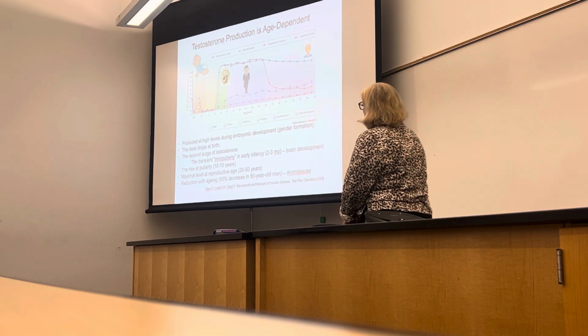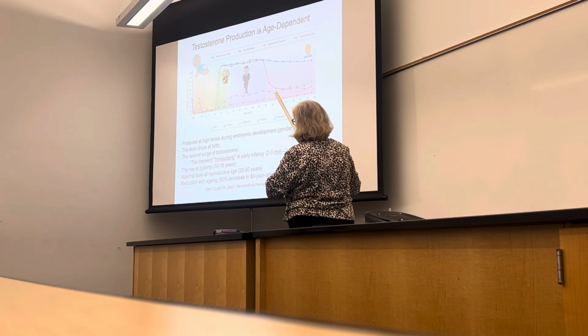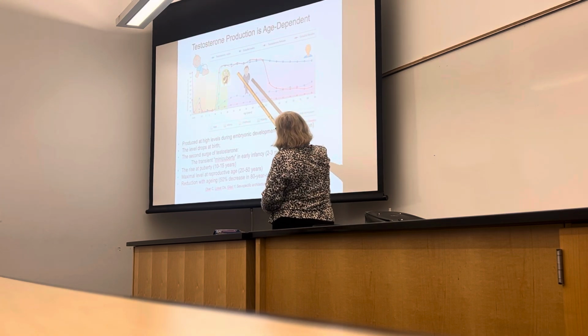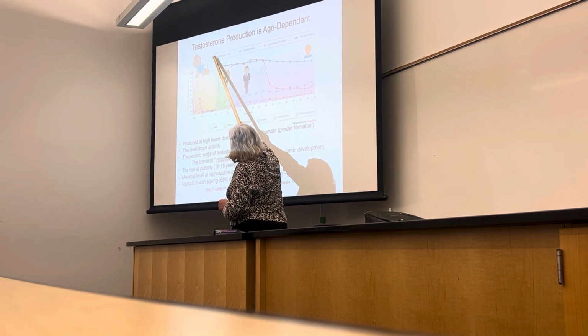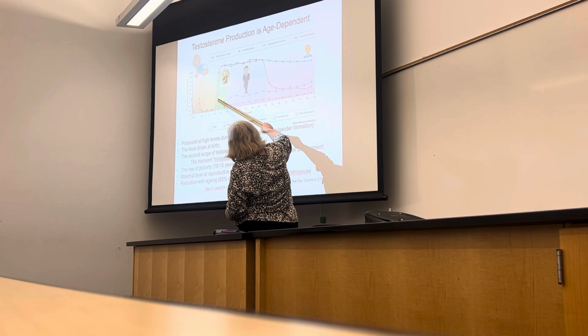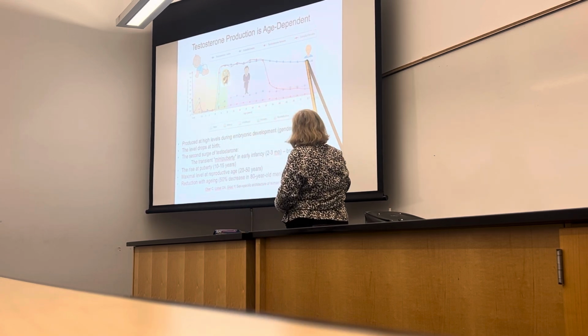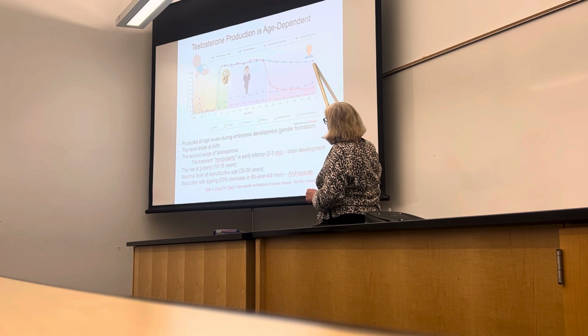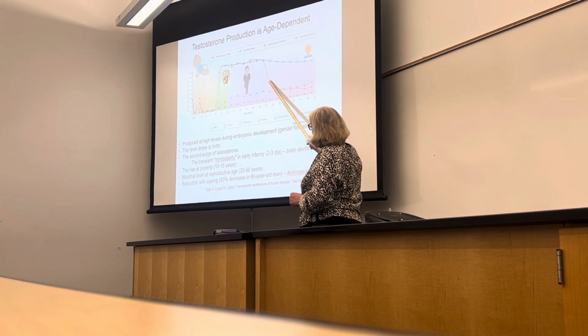This slide has both estradiol and testosterone, but we're focusing on the males right now. So testosterone is in blue, and these little squares and the solid lines are the testosterone in males. Even though there is a little bit of a decline, if we compare to estradiol in the female, it's nothing like that, right?